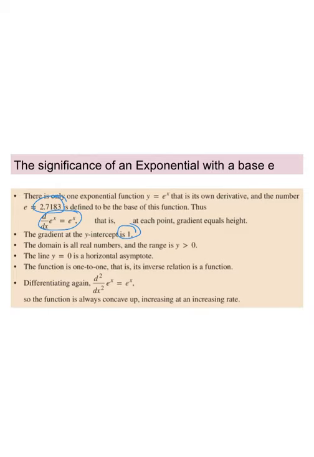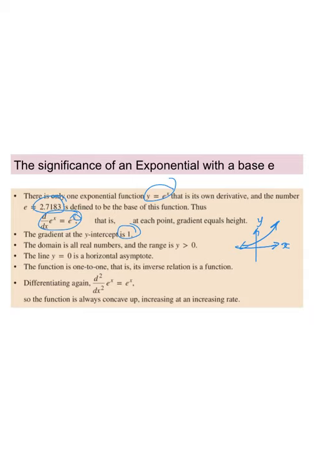And we can see that the domain is all real numbers because we can substitute in any value for x into our function, and there are no restrictions on the value of x that we can substitute into our original function. And we can see when we look at the graph that the range is y is greater than 0, because the graph of y equals e to the x is all above the x-axis. So in other words, the range is when y is greater than 0.